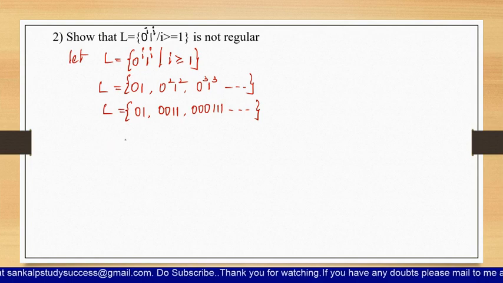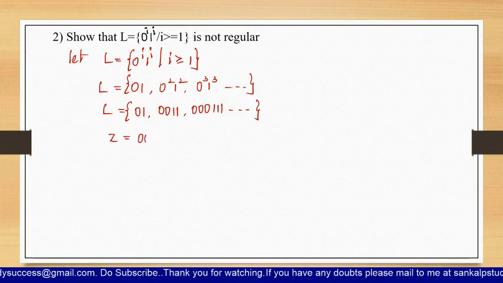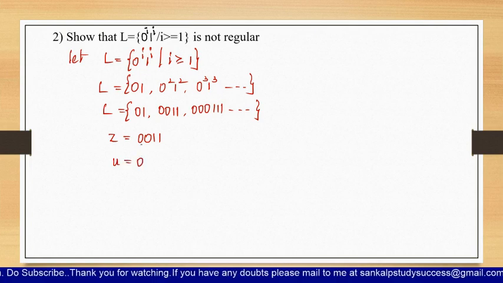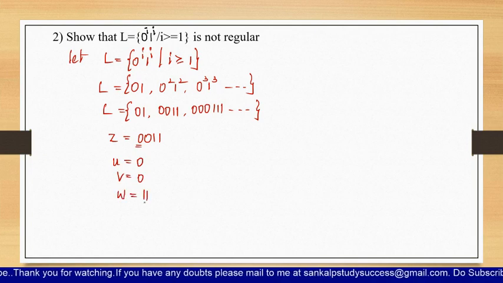Now let us consider any one string from the given language. Let us consider 0011 as z. Now we are going to decompose z as u, v and w. So let us consider u equals the first 0, v as the second 0, and w as 11.